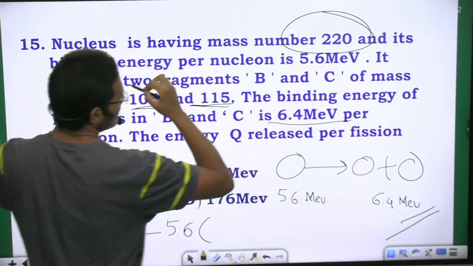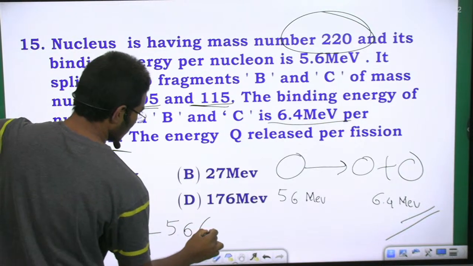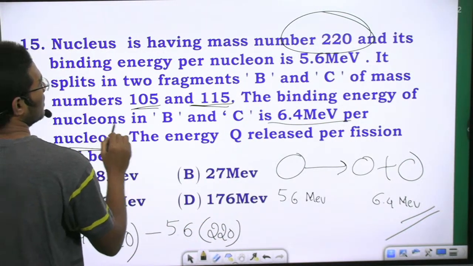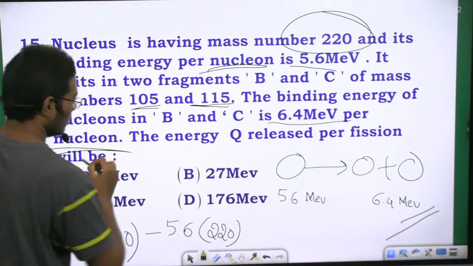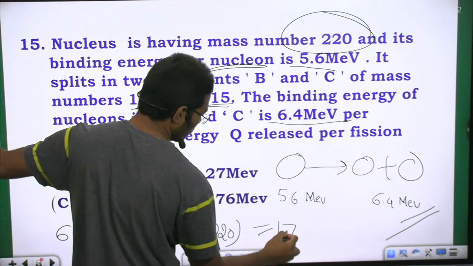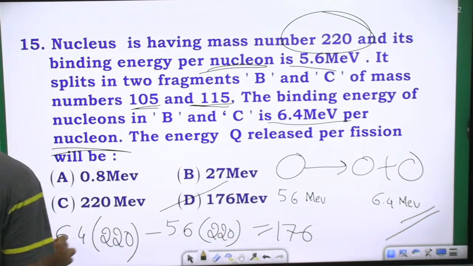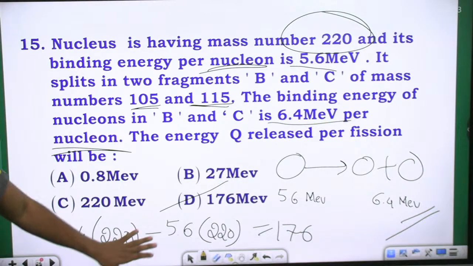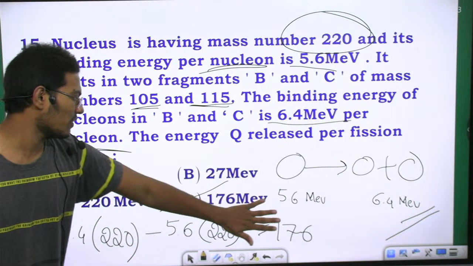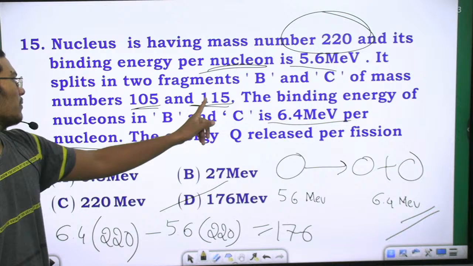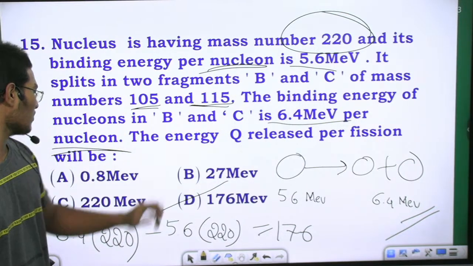The mass number represents the number of nucleons, 220. 5.6 million electron volts per nucleon. So we get it as 176. So option D is correct, a straight question. The total energy final minus total energy initial gives the net energy released due to fission. 6.4 into 105 plus 115, 220, minus 5.6 into 220.